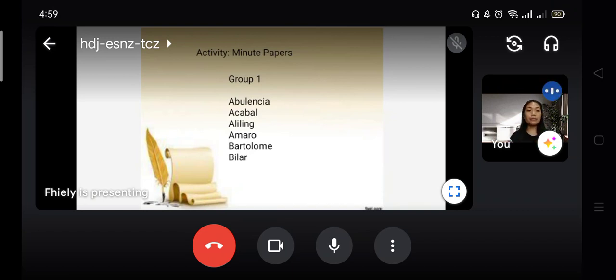But first, prepare extra or scratch paper to answer the given question, and then each group will present or share your answer in front. Group 2: Cabildo, Caiso, De Jesus, Del Cruz, Dunganon.